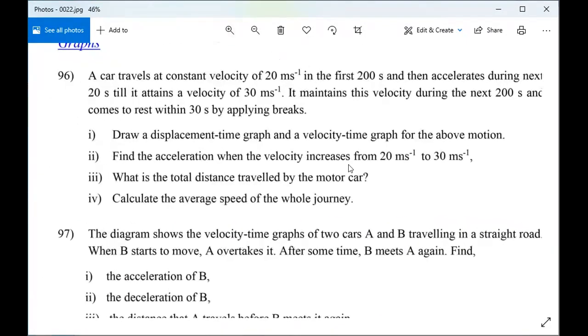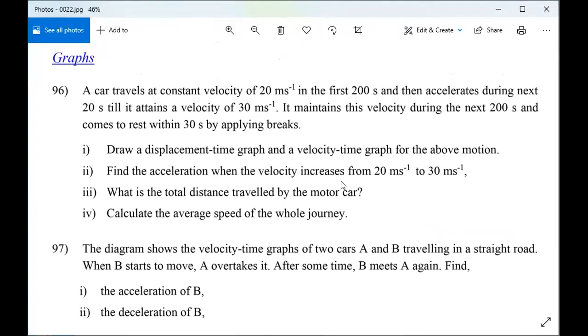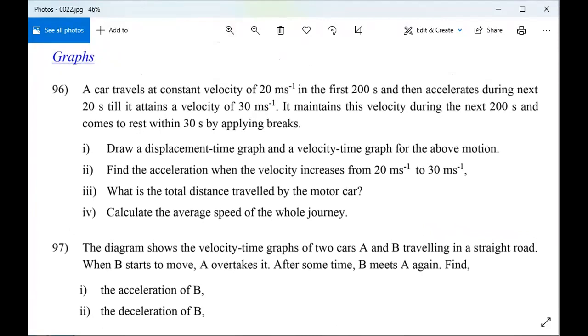Question number 96. A car travels at a constant velocity of 20 meters per second in the first 200 seconds and then accelerates during the next 20 seconds till it attains a velocity of 30 meters per second.